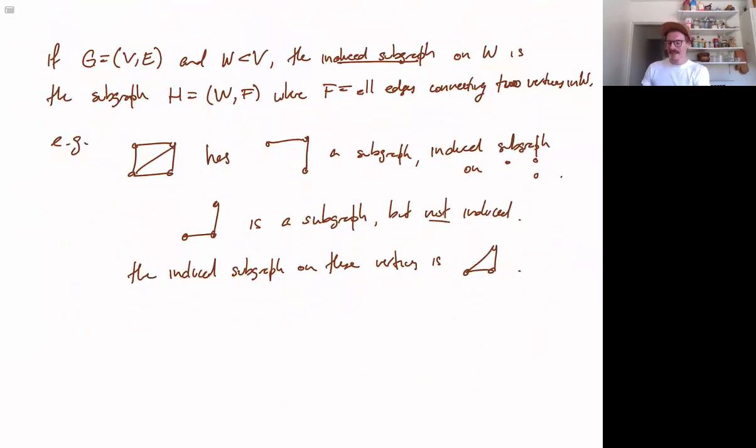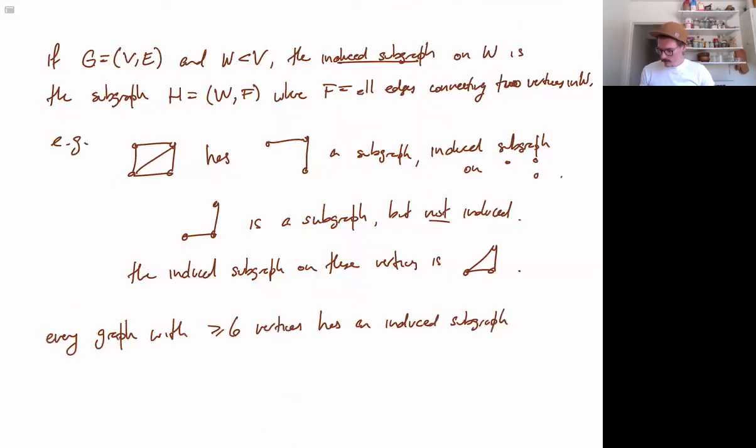And there's a nice fact about induced subgraphs that relates back to something we've shown before. Every graph with at least 6 vertices has an induced subgraph of the form triangle, or 3 disconnected vertices.